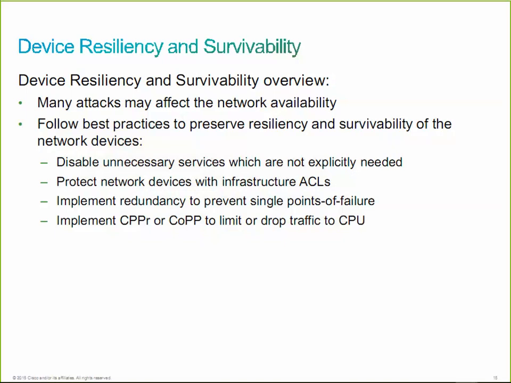You have to define the classes of traffic. You use MQC to do that, class maps and policy maps and so on, to apply your control plane policing functions. CPPR does rate limiting as well, but the traffic automatically gets classified into 3 different queues.